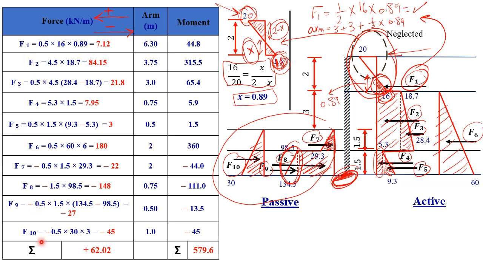Then for the 10 forces, you will do the summation process and you will have a resultant force of 62.02 kilonewtons. This means that the resultant force is moving to the left because it has a positive sign.